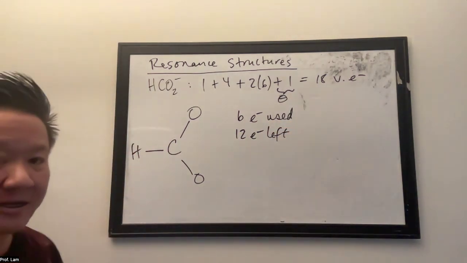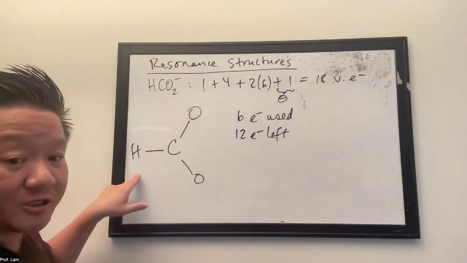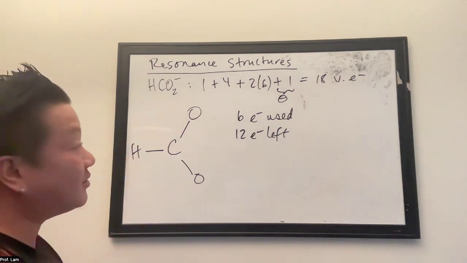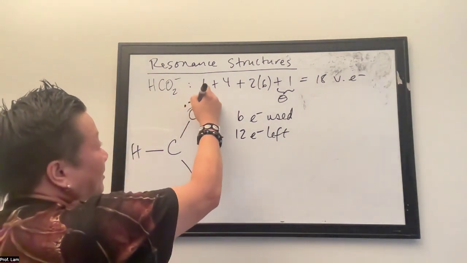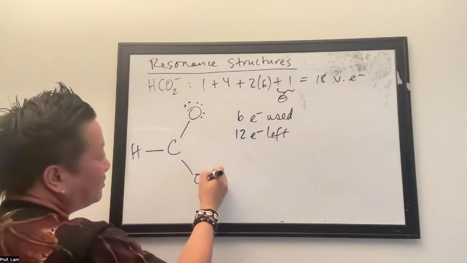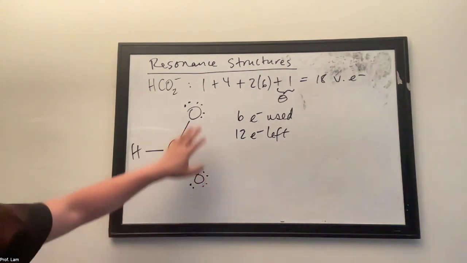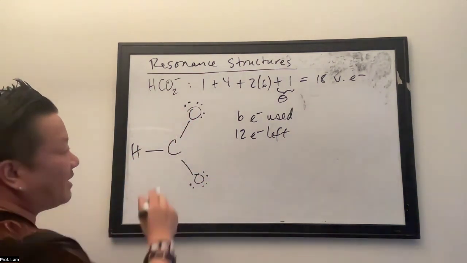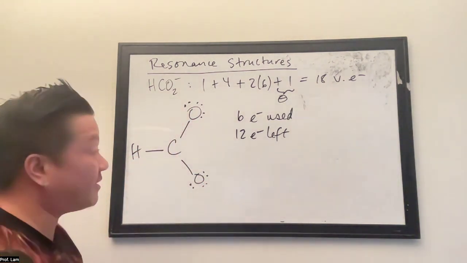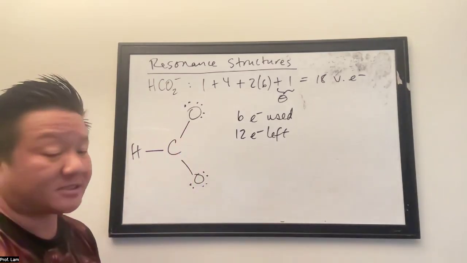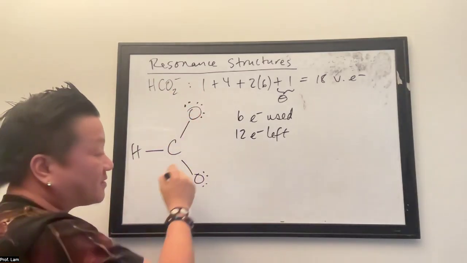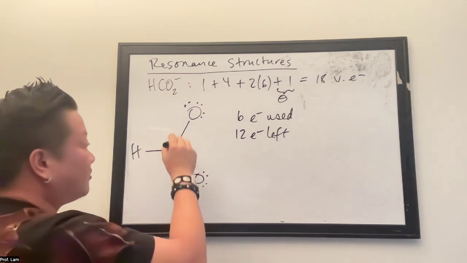How are we going to do that, guys? Outside in. The hydrogens don't need them. The oxygens do. So you're going to do 3 pairs on each oxygen. So that's 12. And then you're going to check carbon. Does it have an octet? 2, 4, 6? No, it does not.